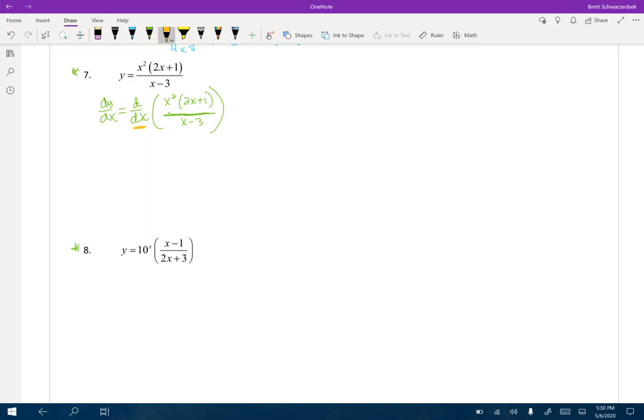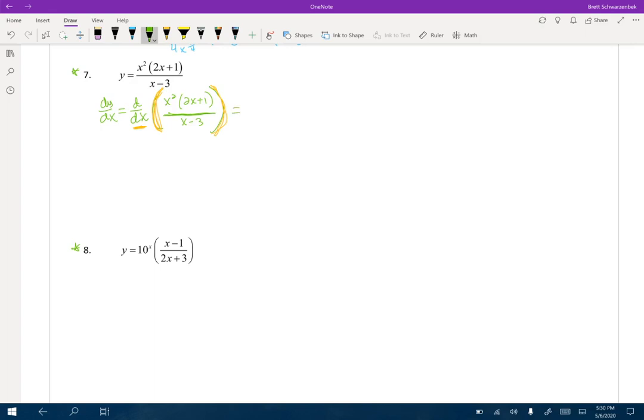In other words, we're taking the derivative of this entire quantity. What is this entire quantity? Is it a product or is it a quotient? Well, clearly the entire thing is division, or a quotient, which means you must start with the quotient rule or everything will go very wrong.